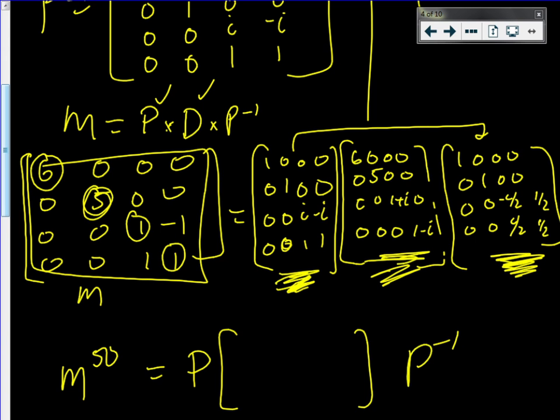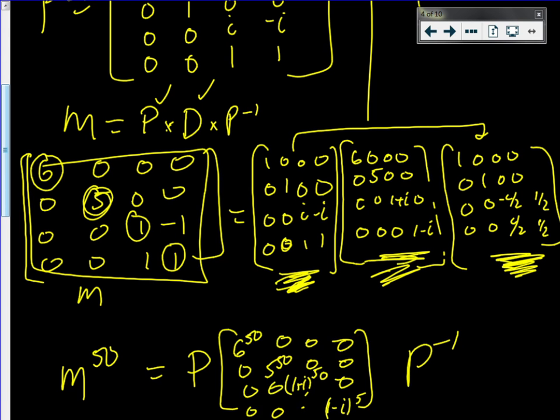And all you do is raise all the diagonal entries to the 50th: 1 plus i to the 50th, and 1 minus i to the 50th, and all zeros. I guess it saves an awful lot of computer time doing it this way.